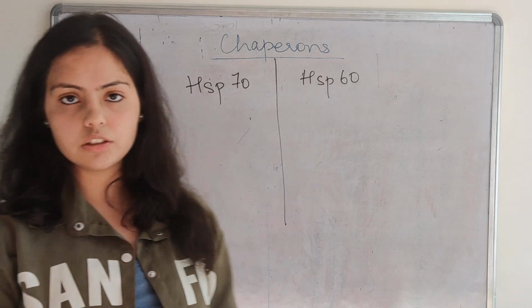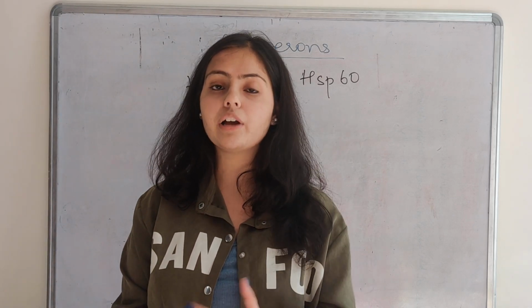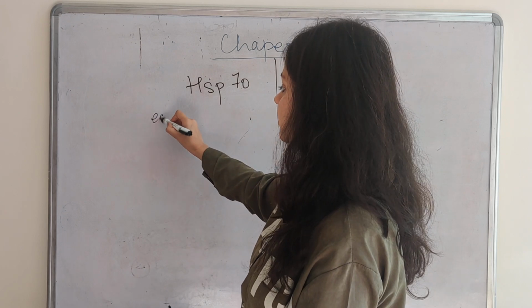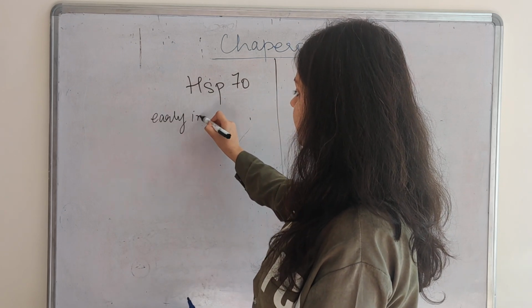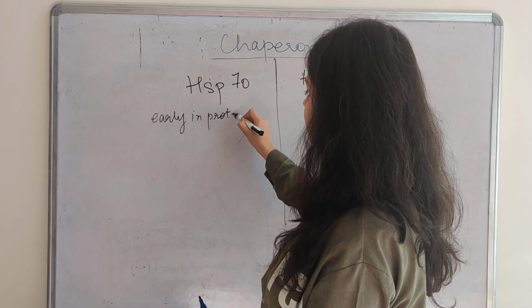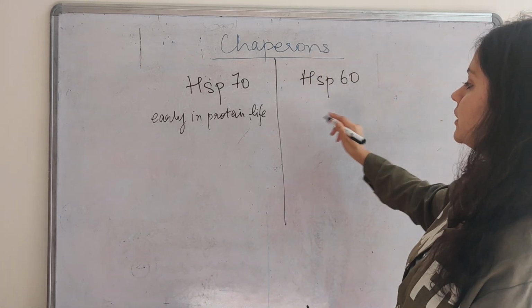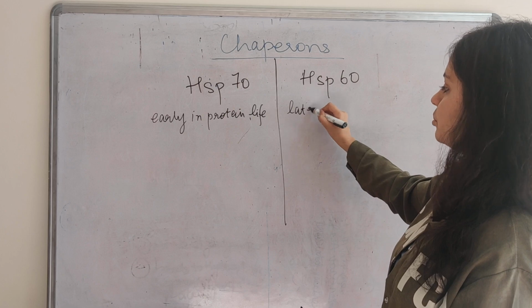So these are the two families of heat shock protein. The HSP70 are found early in protein life, and the HSP60 are found late in protein life.